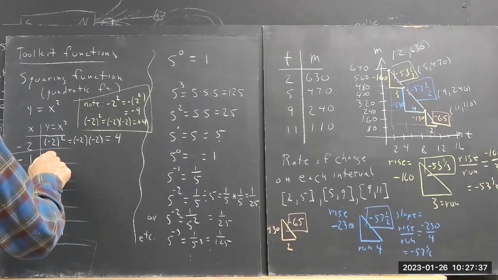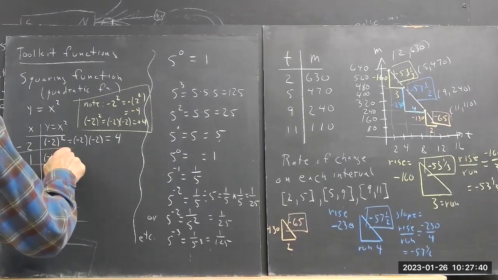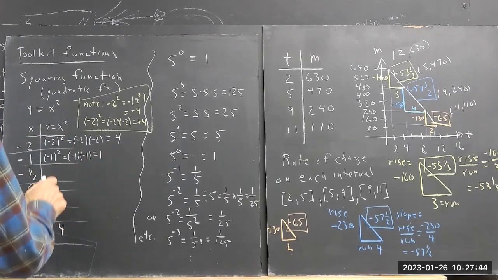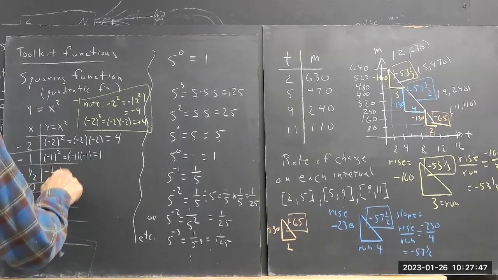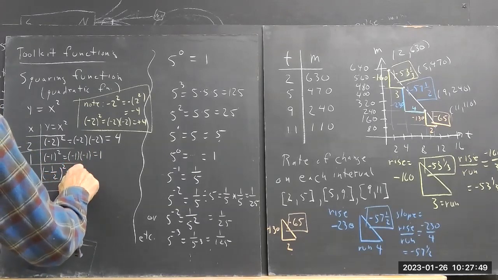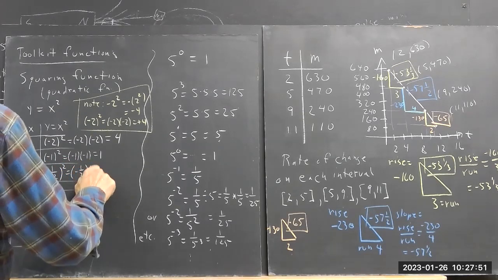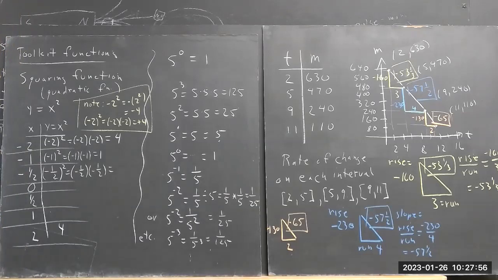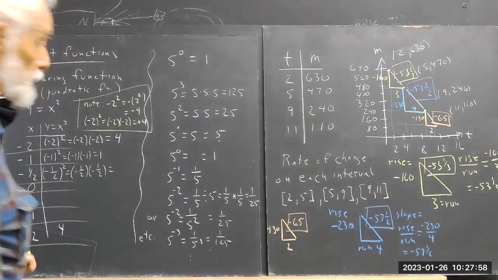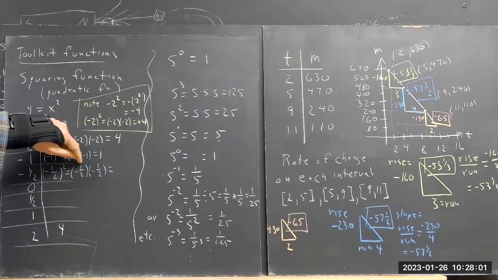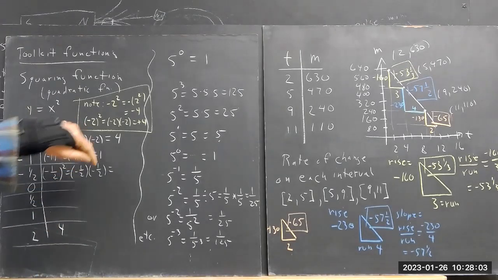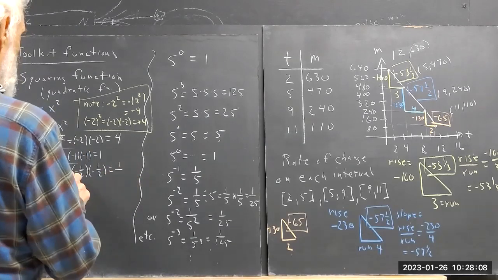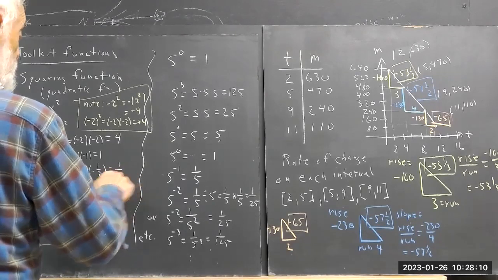Okay, so -1. Okay, what's -1/2 squared? -1/2 times -1/2. What's 1/2 times 1/2? You multiply the numerators, you get 1, right? And you multiply the denominators, you get 4.